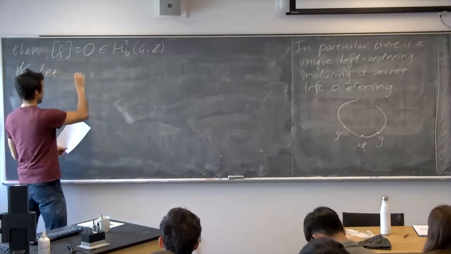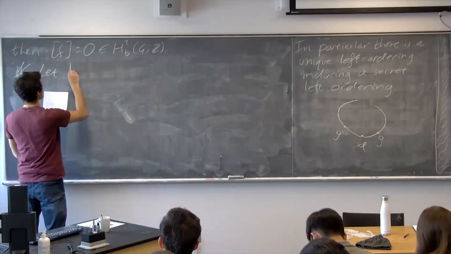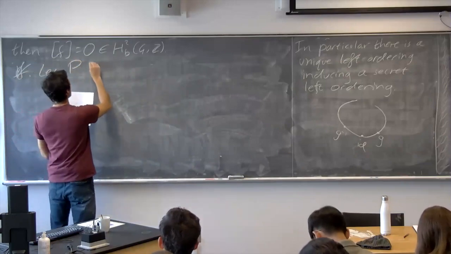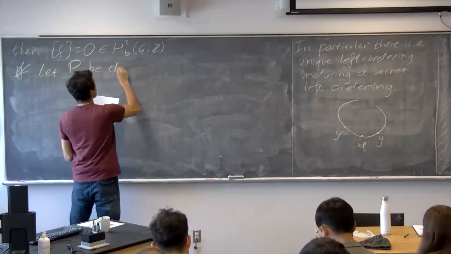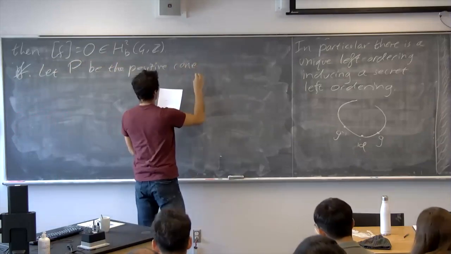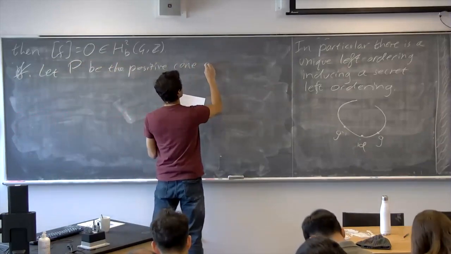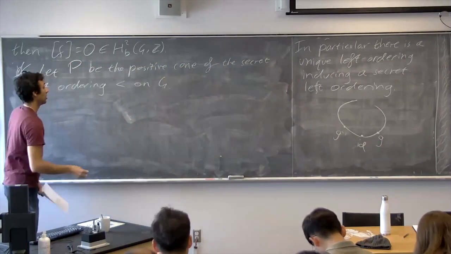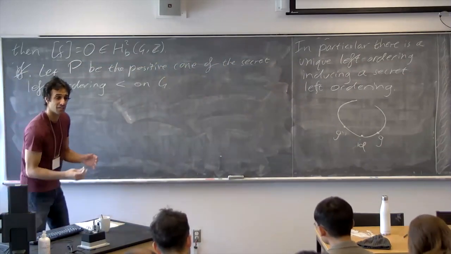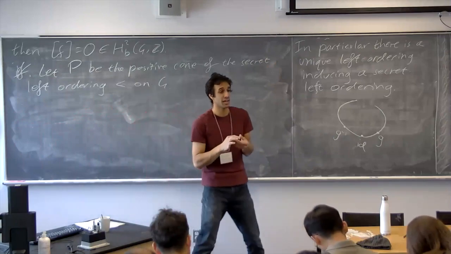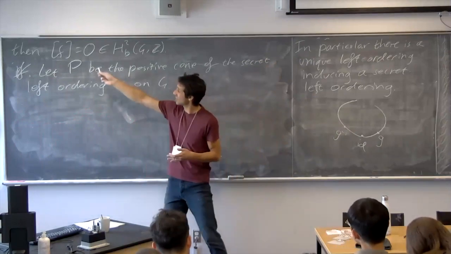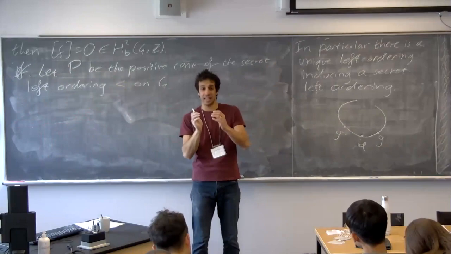Let's prove this. I'm going to hide some details, but we'll get the general idea. So let P be the positive cone of the secret left ordering. What do we have to do to actually show that this thing's trivial? We have to show that F is actually a boundary.